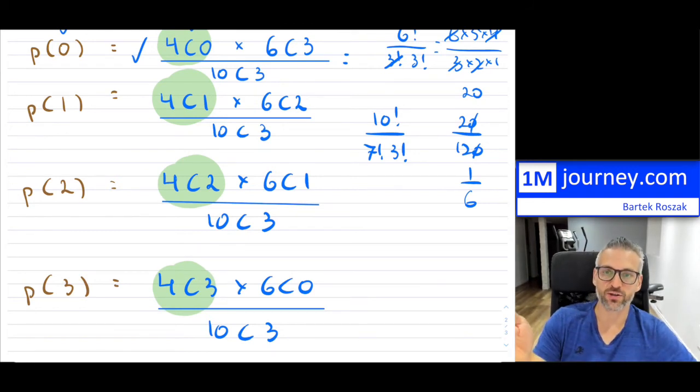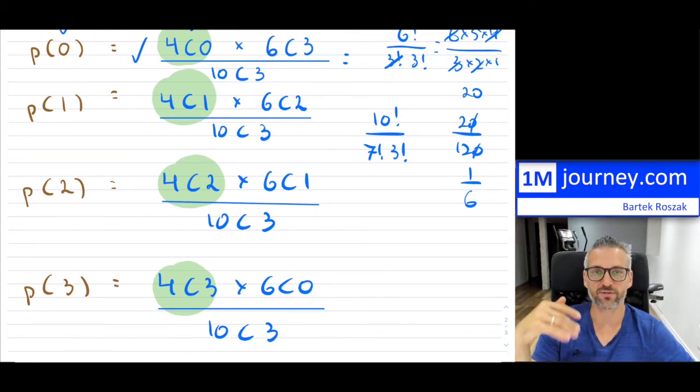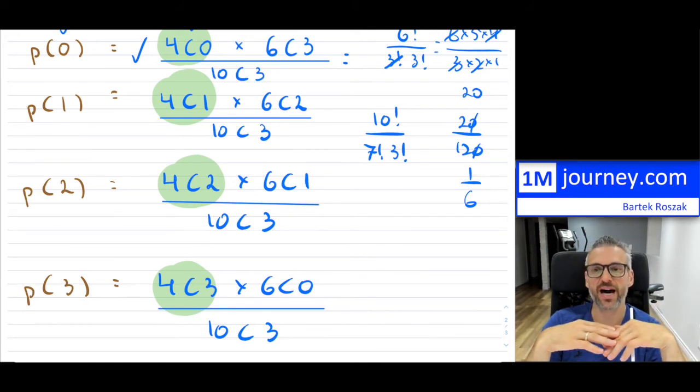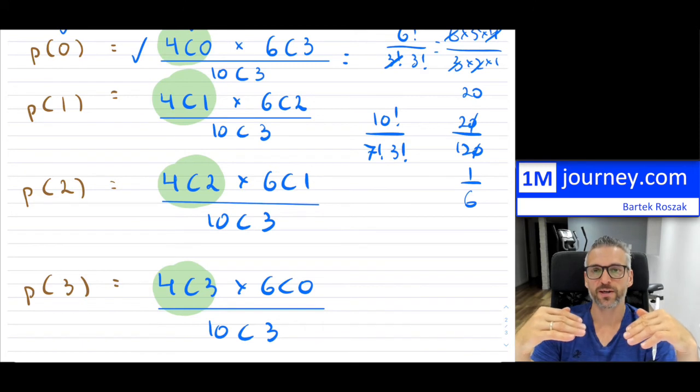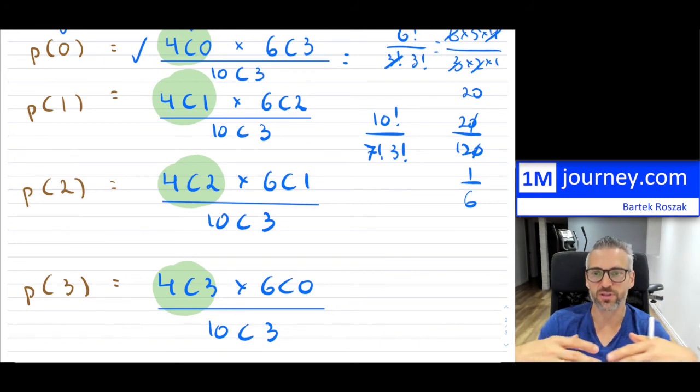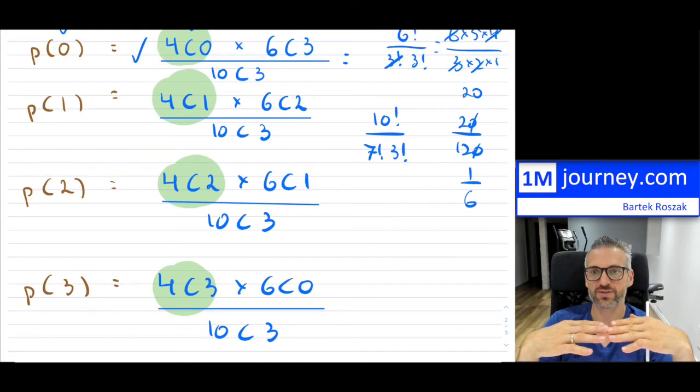And then you multiply by the failures. On the first one, if you have no successes, that means we had 3 failures, and we had 6 choose 3 of those. And then you're always dividing by the total number of combinations that we could have. We had 10 balls, choosing 3 of them, which gives us exactly 120 in this case.